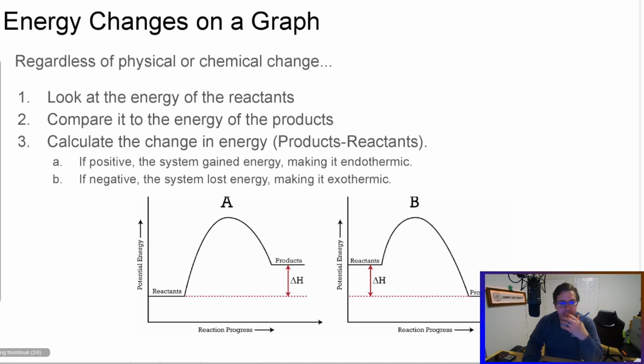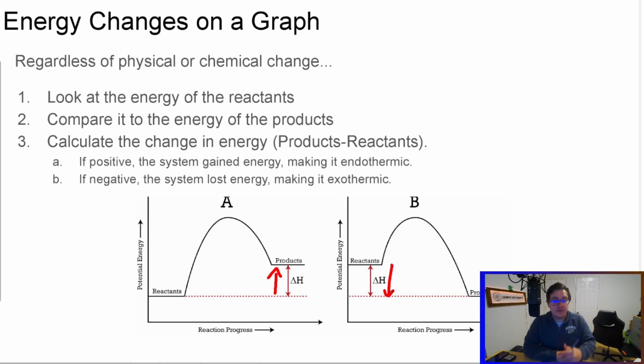Let's pull up those graphs that we have. You don't have to redraw all these graphs; you can reference what you have from last week. If delta H is positive, that's going to be endothermic. If delta H is negative, that's going to be exothermic.